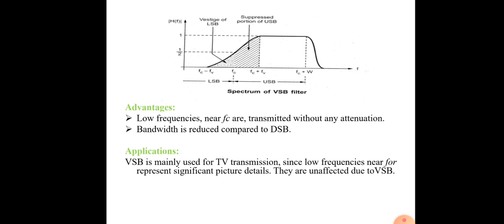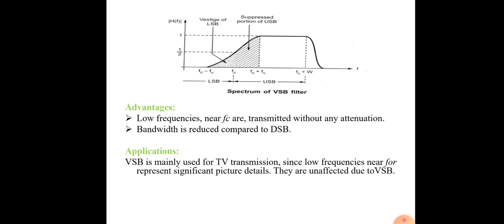That is the suppressed, that means vestigial, portion, and that portion will be transmitted, and then the upper portion, that means the USB, is the suppressed portion. That is also shown in this figure, and we represent the frequency values: fc minus fv, then fc, then fc plus fv, and then fc plus fw. All these things are shown in this spectrum of the VSB filter.